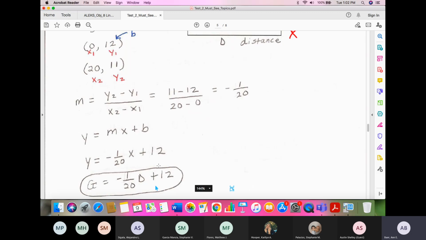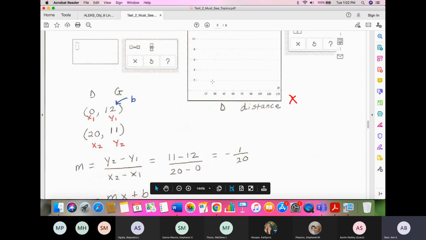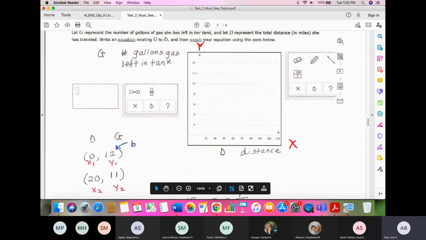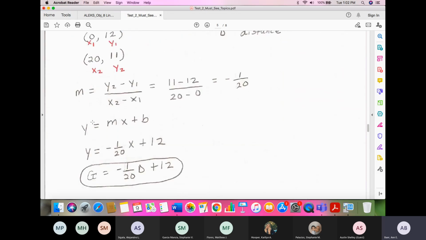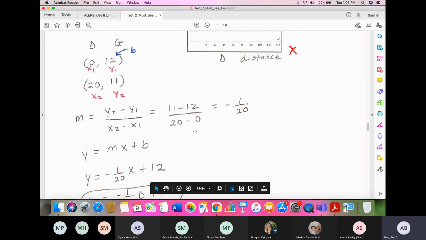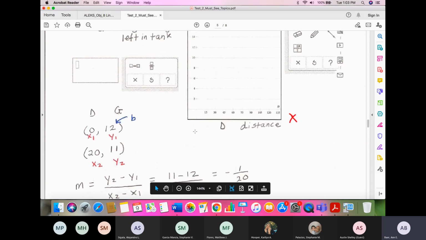It's d, capital D. So you want to take out x, put in capital D. What's on what we think of as the y-axis is this g, for gallons, this capital G. So we want to take out the y and make sure we're replacing it with G before we type in the answer. So that's something you want to watch out for. So this is the answer, and then you can use the ALEKS software to graph.